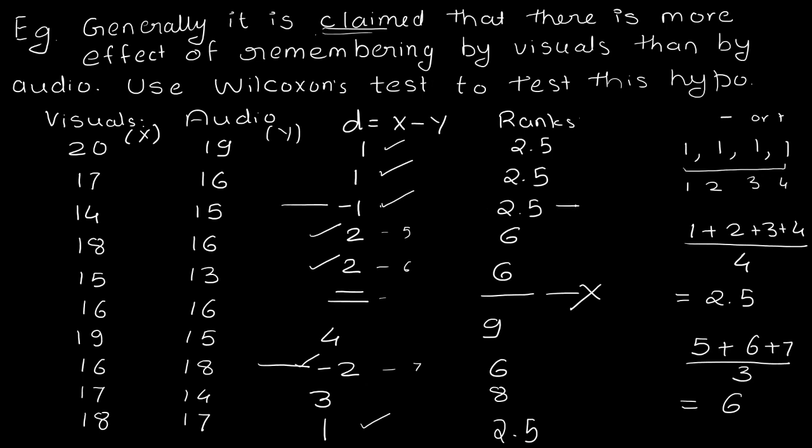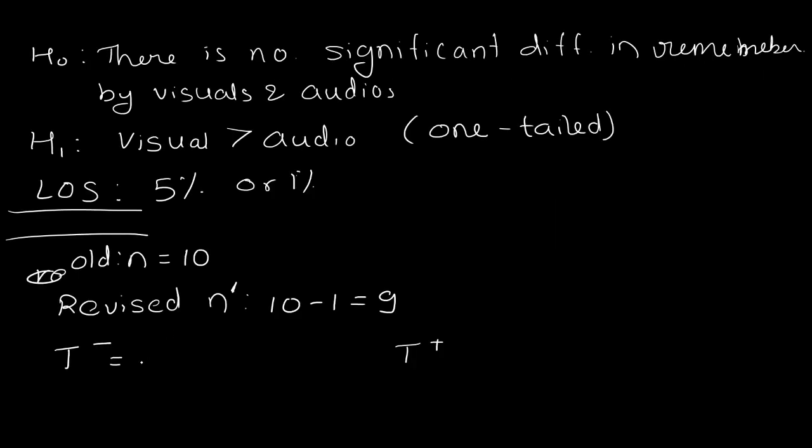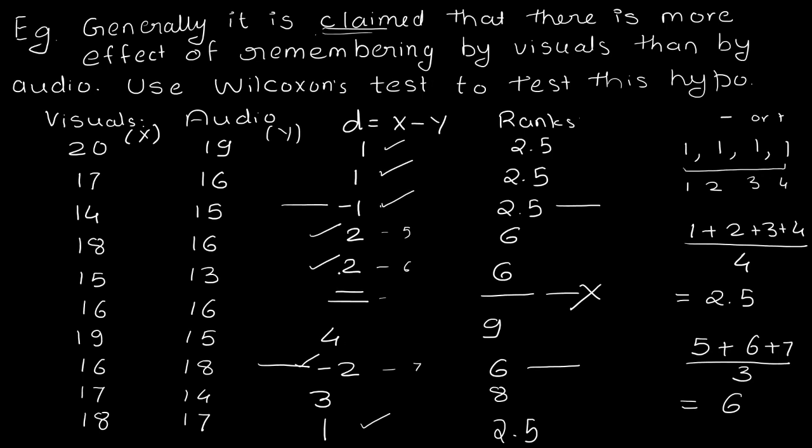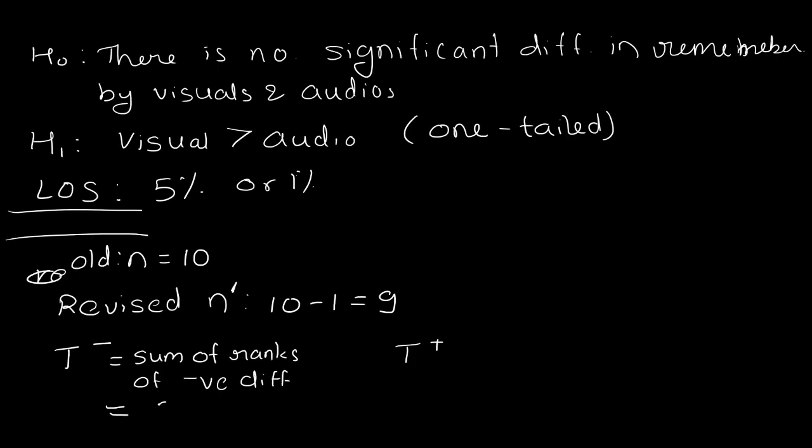Minus 1 has a rank of 2.5, minus 2 has a rank of 6. So T minus is the sum of ranks of negative differences. In this case, 2.5 plus 6, and that comes out to be 8.5.